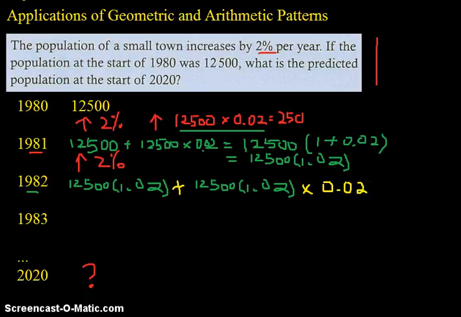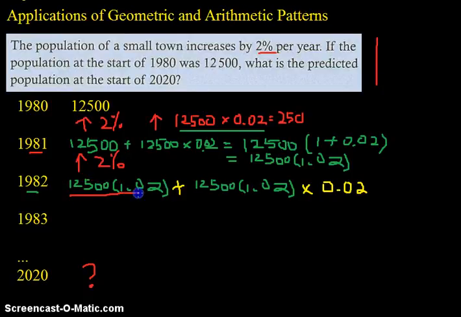So again, I can factor something out here. This is the 12500 times 1.02, that was the initial population for 1982, and then after 1 year, it went up by 2%. So that's what the expression at the back represents.